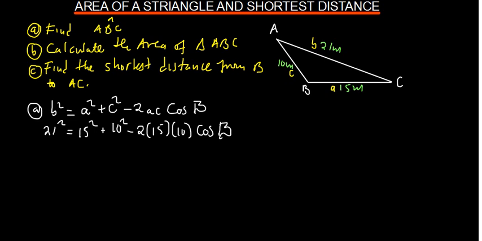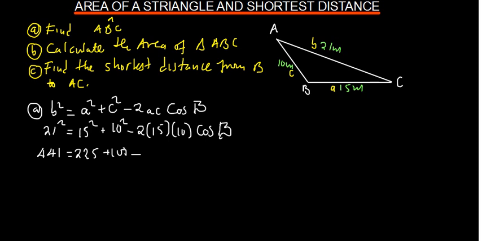Okay, now you punch 21 squared, that is going to be 441. And then 15 squared, which is 225. 10 squared, which is 100.